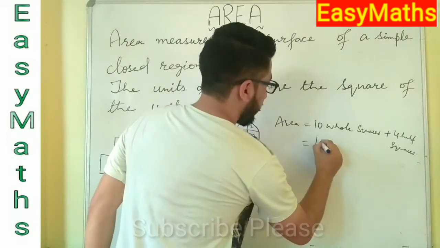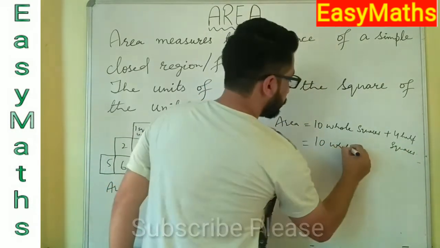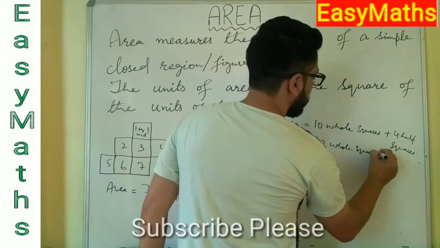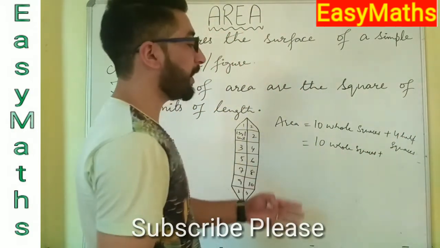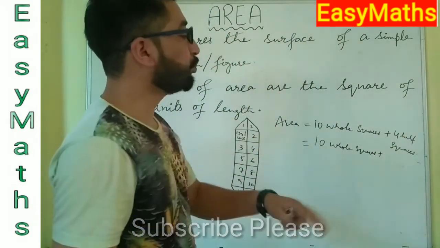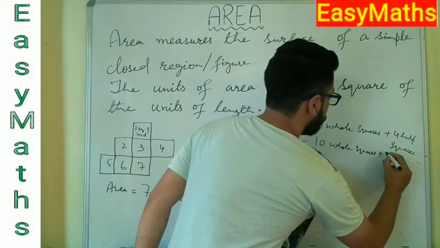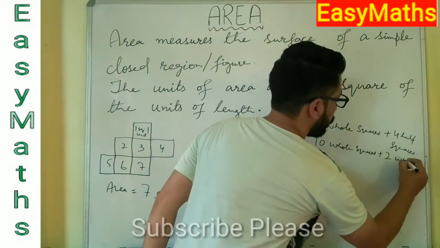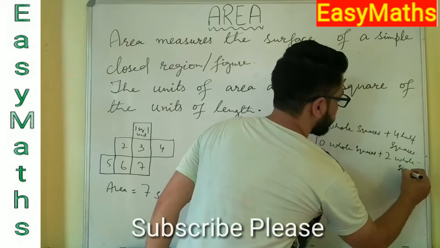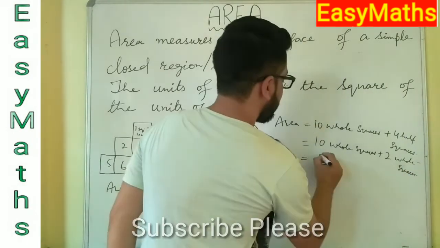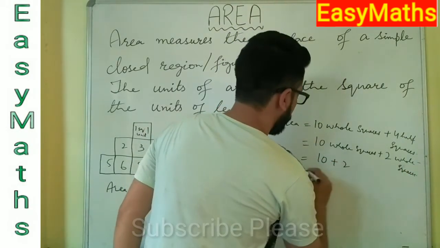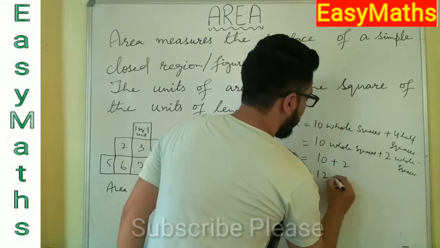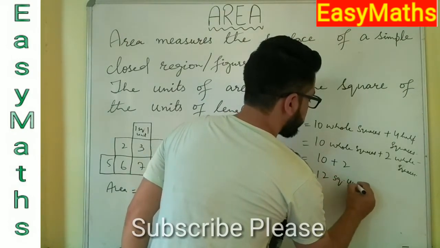So 10 whole squares plus 4 half squares, which is equal to 2 whole squares. So we will write 2 whole squares. That means 10 plus 2 will be equal to 12 square units.